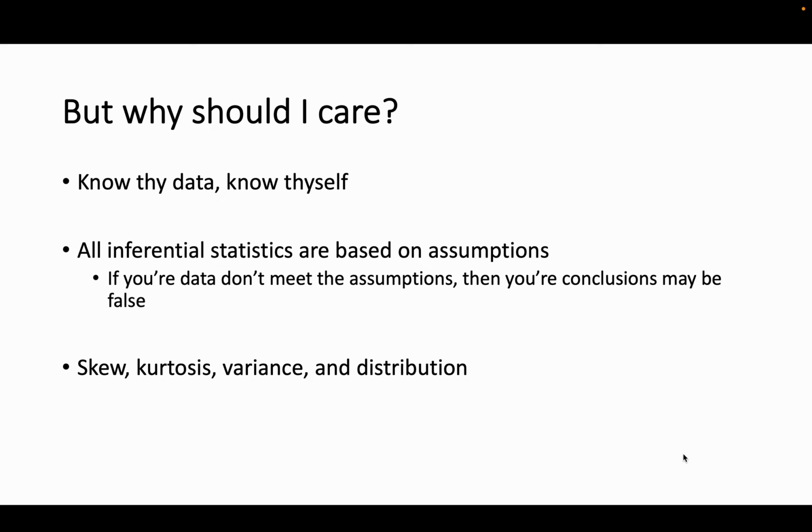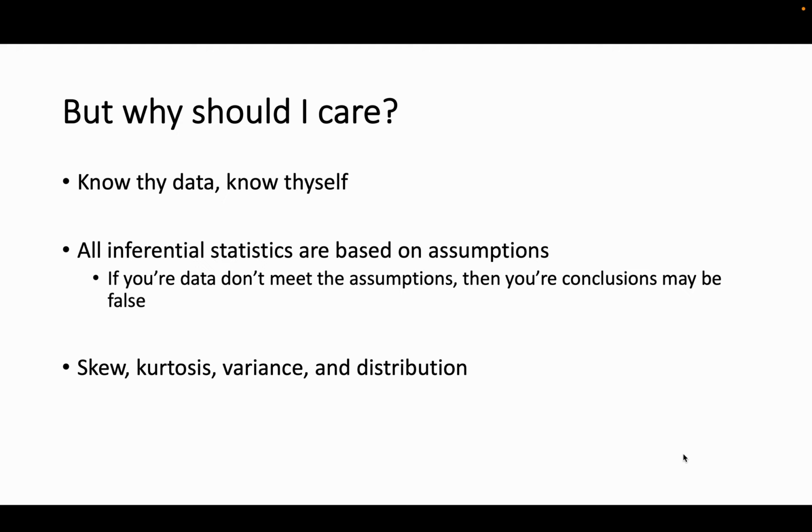And so that's why it's a very important key concept that we know and understand what our data are. If we don't know what our data are, we're not going to be able to do any inferential statistics.